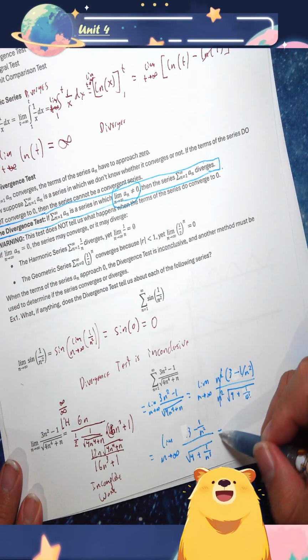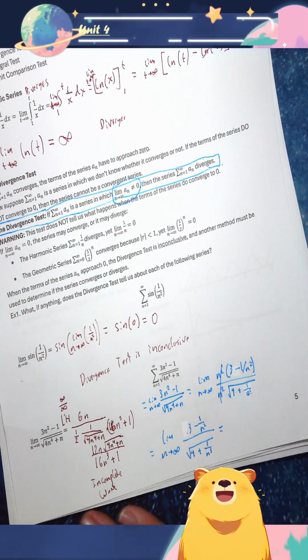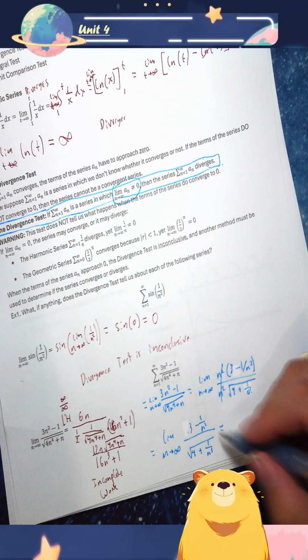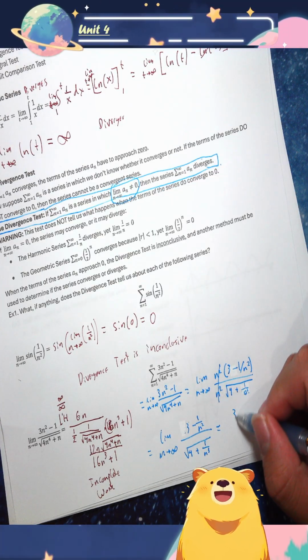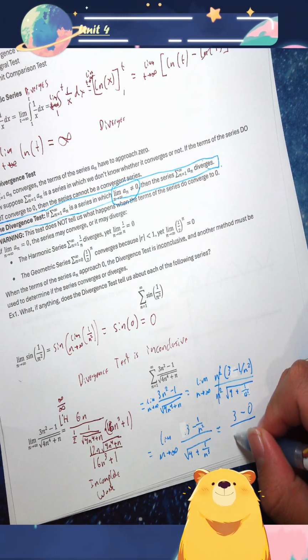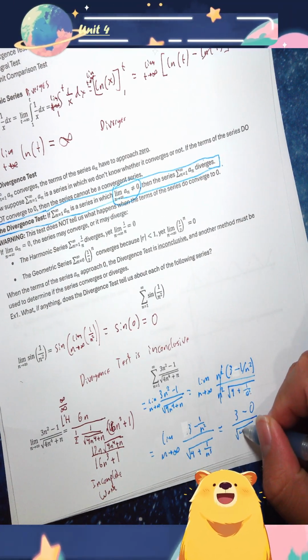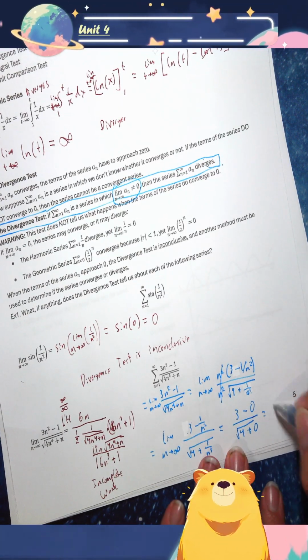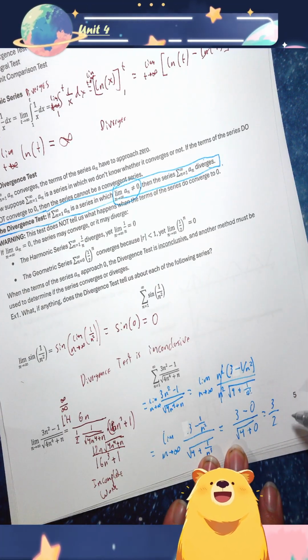Then from there, you can move your limits piecewise, and go inside the square root, and you can see that the top would just be 3 minus 0, and the bottom would just be the square root of 4 plus 0. That's going to be 3 over 2.